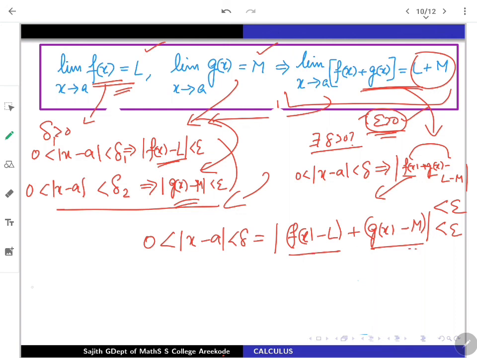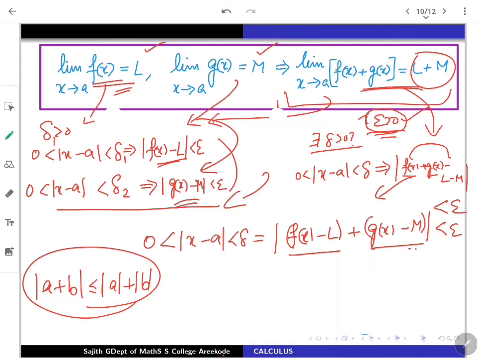How to connect them? You have to use the known inequality for any two real numbers A and B: |A + B| ≤ |A| + |B|. This is the triangle inequality we know.